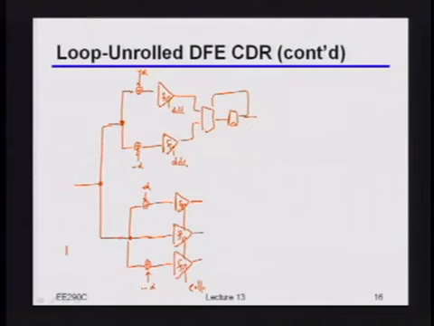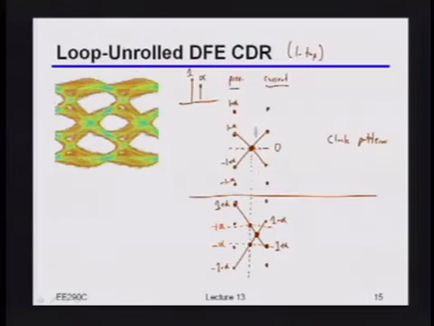So in other words, you needed to know that the previous data was different than the current data. Now you actually need to know more information than that. Not only do you need to know that the current data was different than the previous data, but you actually need to know which kind of transition you are dealing with, right? Are you dealing with a transition associated with a clock pattern? Or are you actually dealing with a transition that's associated with one of these other types of data patterns?